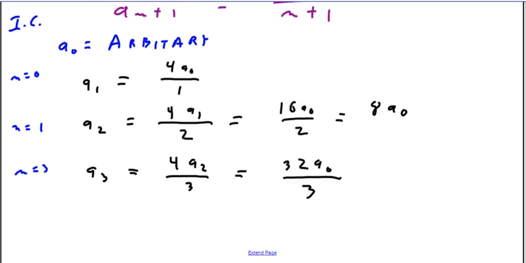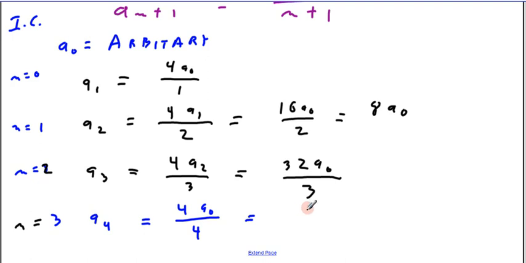And then I'll look at one more and go up to A4 and say n is equal to 3, and I get A4, and I get 4 A3 divided by 4, which is 32 times 16 divided by the 4 that's there.